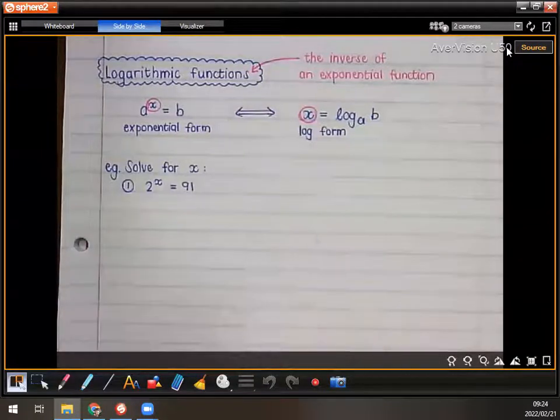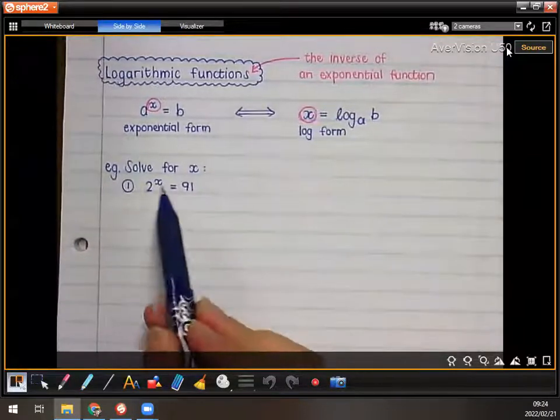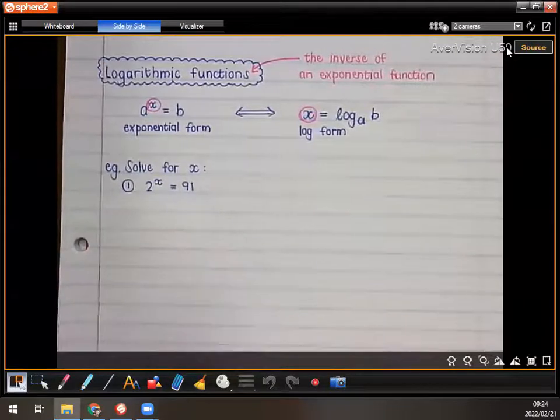Now when you see this, I think we all can recognize that this is an exponential equation. So you would say, all right, I need to get the bases the same. So I have a base of 2 on the left, so I need to write 91 as 2 to the power of something. Can we do that? No. Right, so then you're going to have to use log.